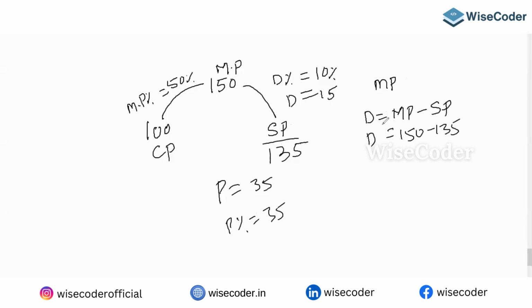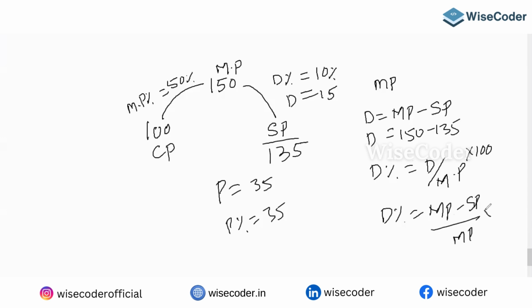The discount percentage is market price minus selling price, divided by market price, into 100.